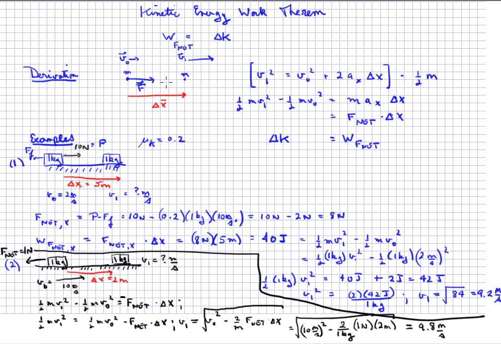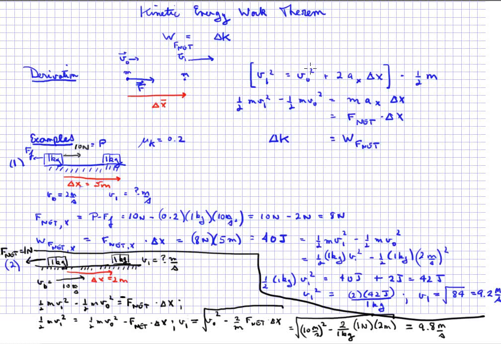And after undergoing this displacement while this force F is acting on it, it then has a velocity v1. So we'd like to use the kinematic equations to derive the kinetic energy work theorem.